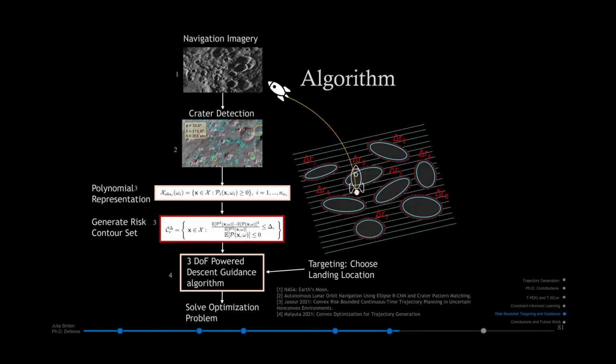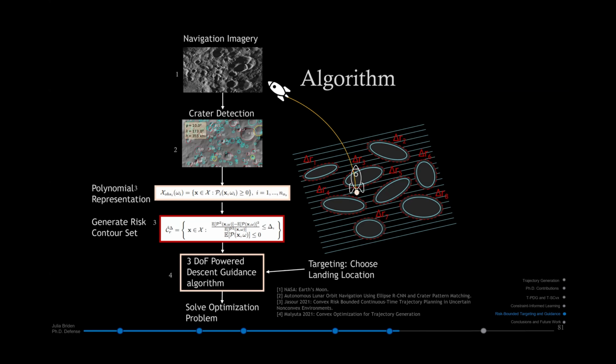And so the full algorithm for this work looks like this, where we have a set of navigation imagery, which in this case we can detect craters, but in general we could detect different polynomial-described shapes that we can use as obstacles. After that, if it can be represented as a polynomial, then we can determine a set of obstacles defined in this polynomial format.